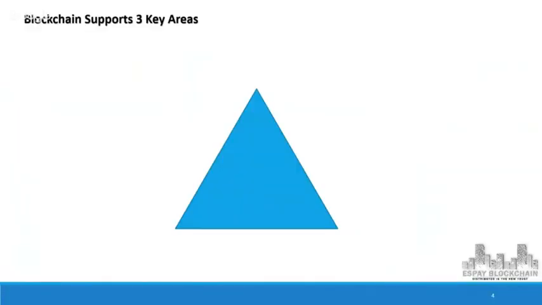Now, there are certain areas which are supported by the blockchain. The first one is value. It enables a unique asset to be transferred over the internet without a middle centralized agent.